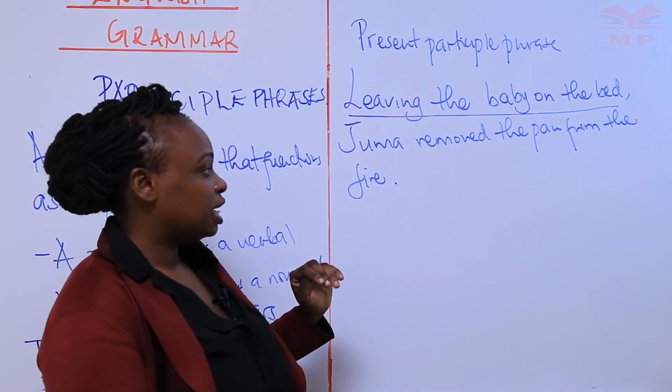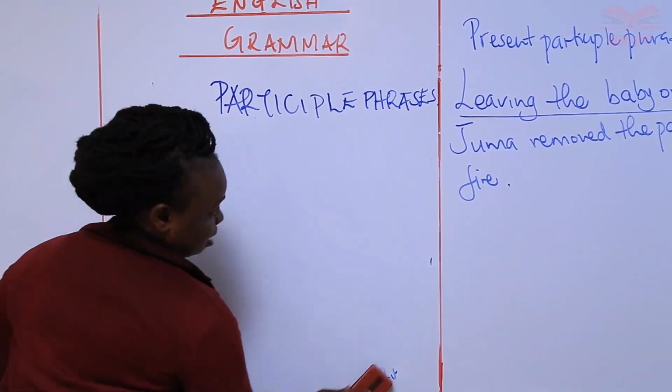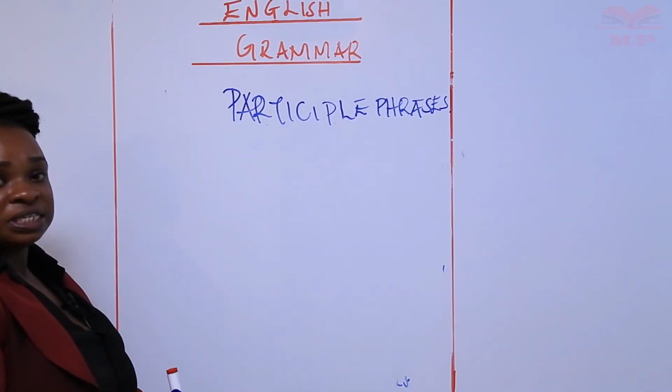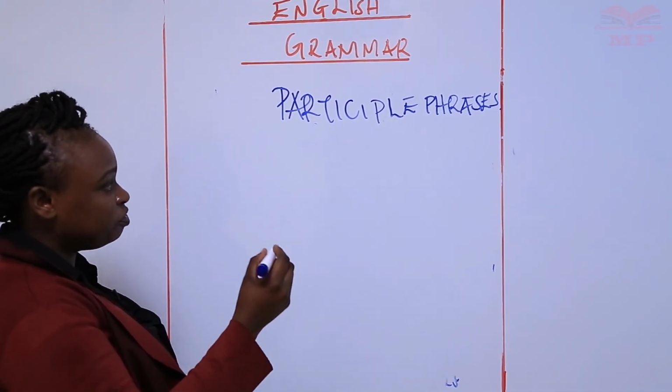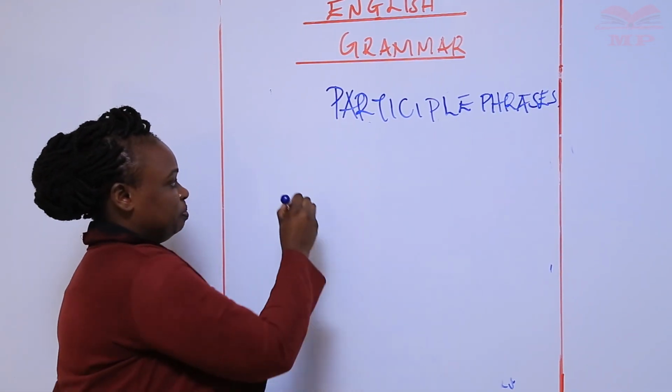Now, this time we're going to look at past participle phrases. So remember we said that the participle phrase is normally introduced by either a present participle or a past participle.